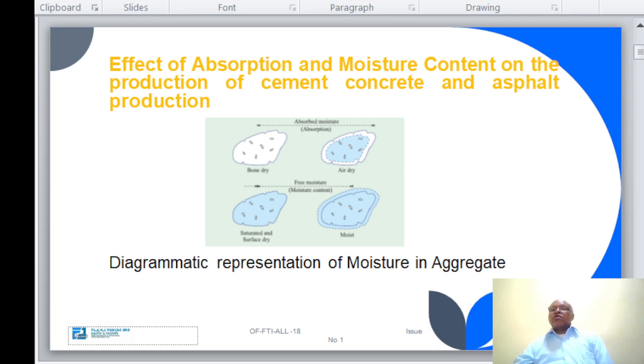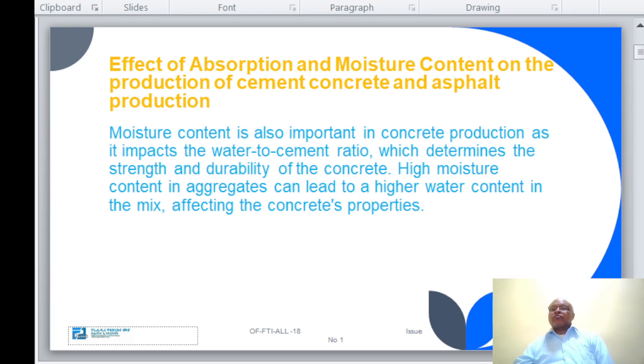This is the aggregate which is fully saturated, and finally this is the aggregate saturated and the outer part also covered with moisture. Now let us proceed to the effect of bulking of aggregate on the production of cement, concrete, and asphalt production.